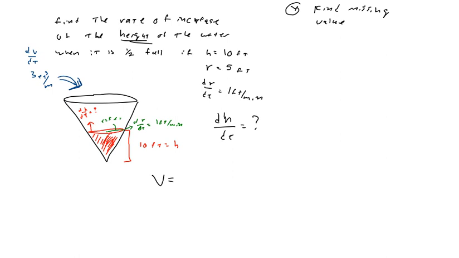The volume formula of a cone is 1/3 pi r squared h. This is the volume of a cone.